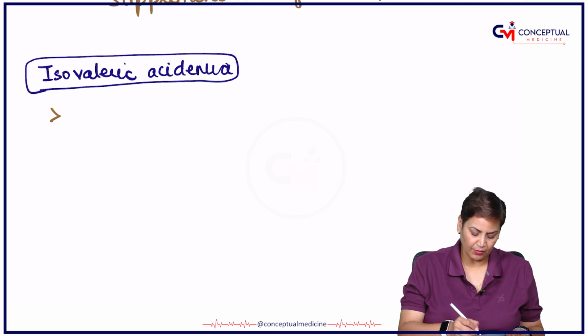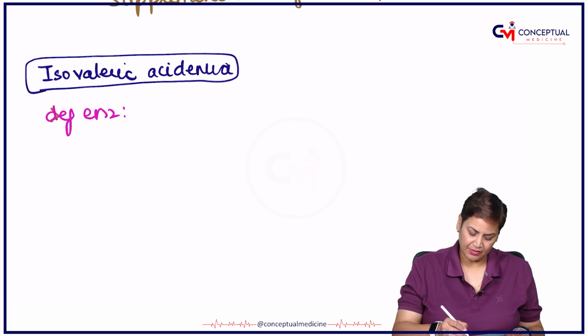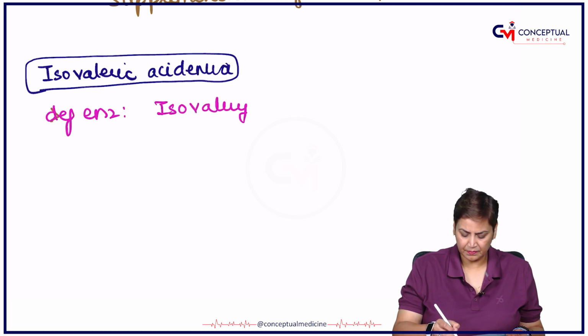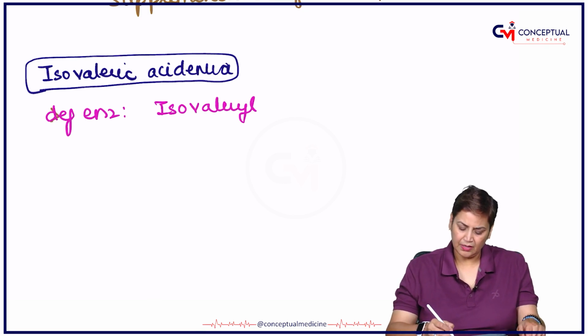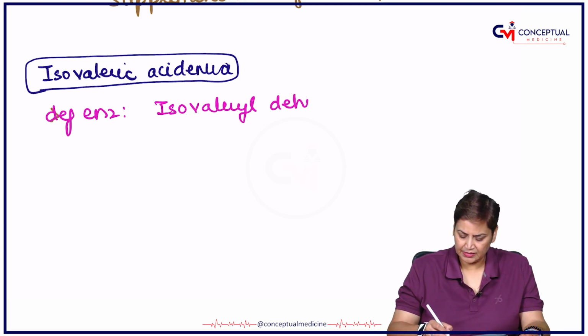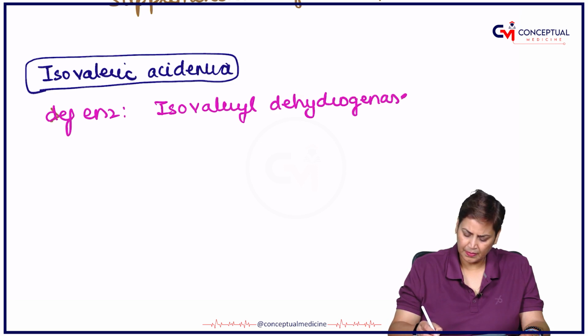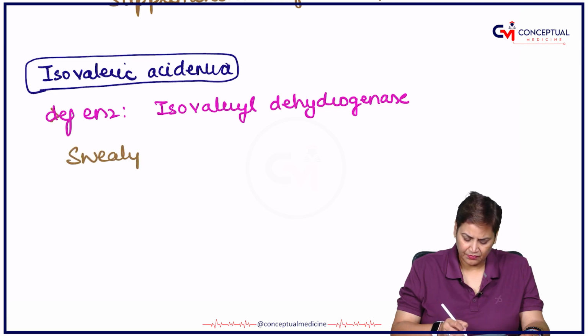If we talk about the deficient enzyme here, it is isovaleryl-CoA dehydrogenase. Also known as sweaty feet odor.